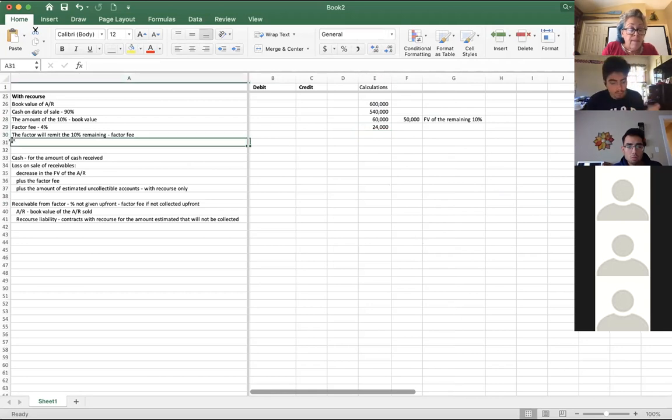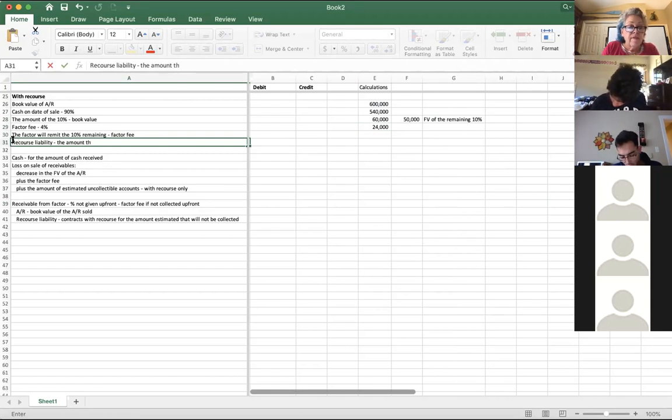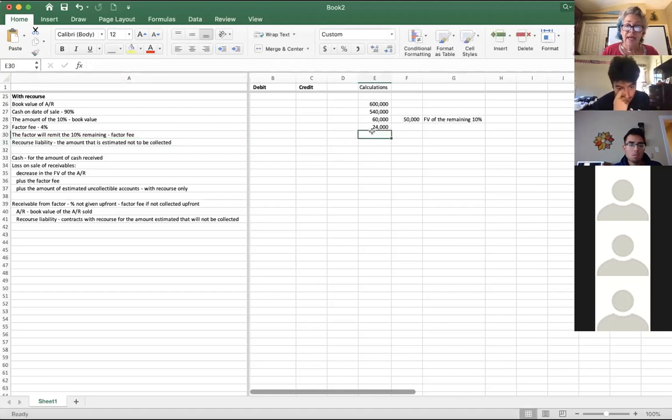What is the amount of my recourse liability? Meaning the amount that is estimated not to be collected. So of the $600,000, how much do they expect not to collect?